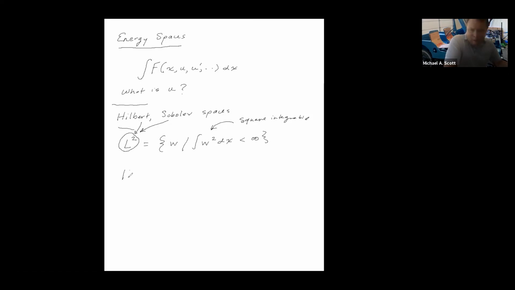So let's say we're going to use the uppercase H for a Sobolev space, H to the K, where K is going to be a variable. That's going to be all the functions W such that W is an L2 function, W prime is an L2 function, and then W to the K is an L2 function.